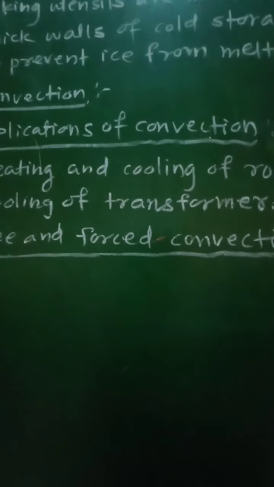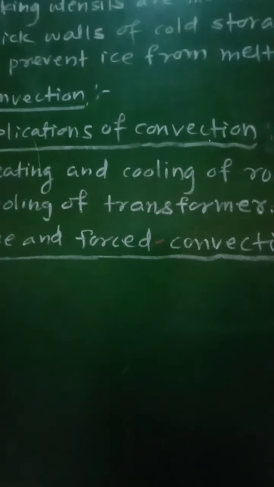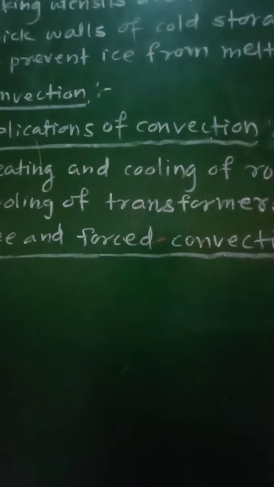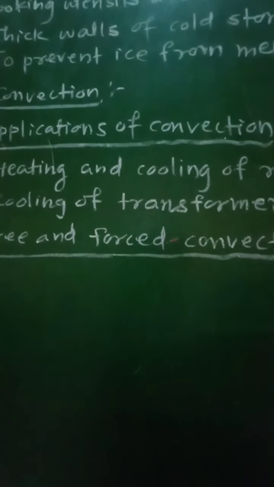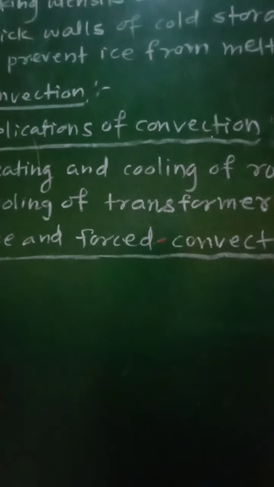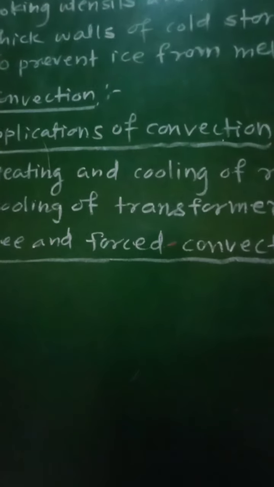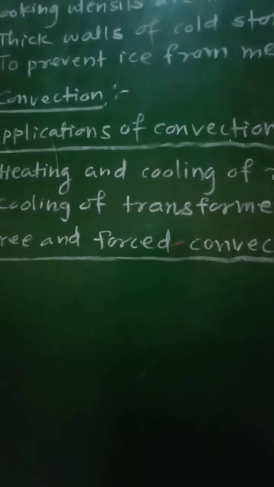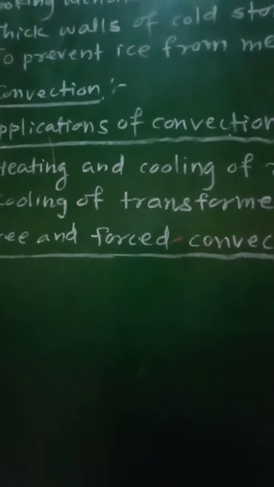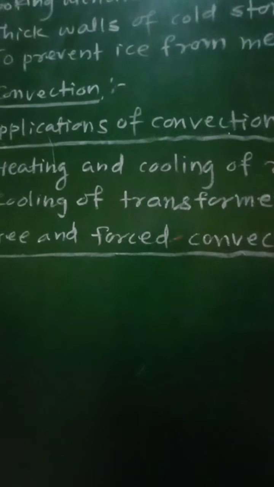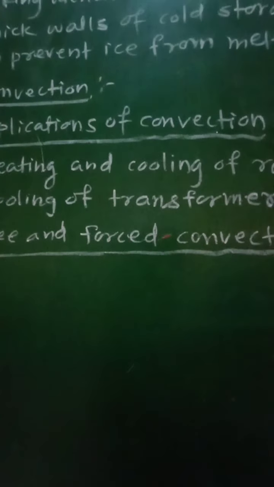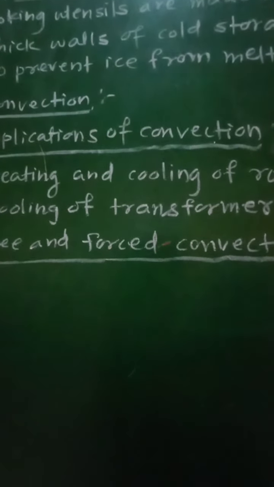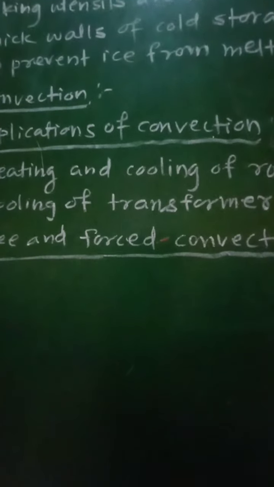First of all, the free convection. When a hot body is in contact with air under ordinary conditions, then the air removes heat energy from the body by the process of free or natural convection.